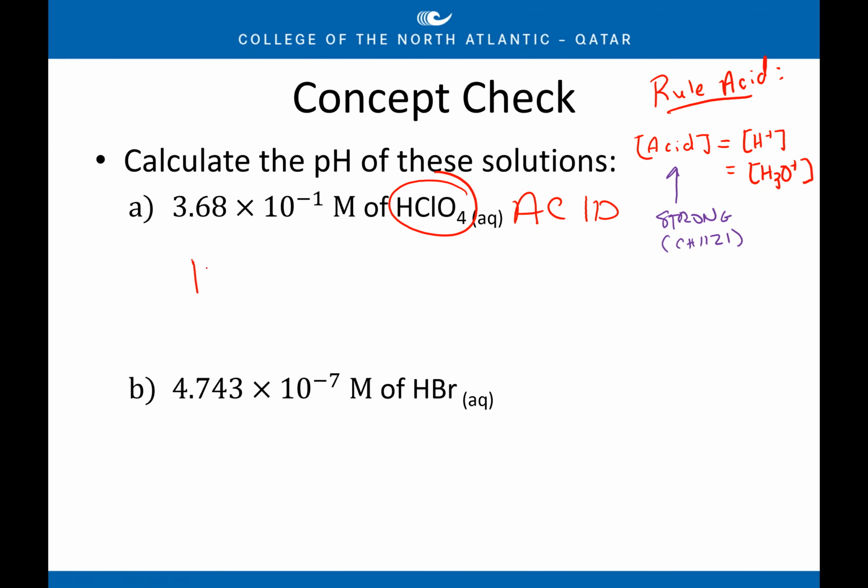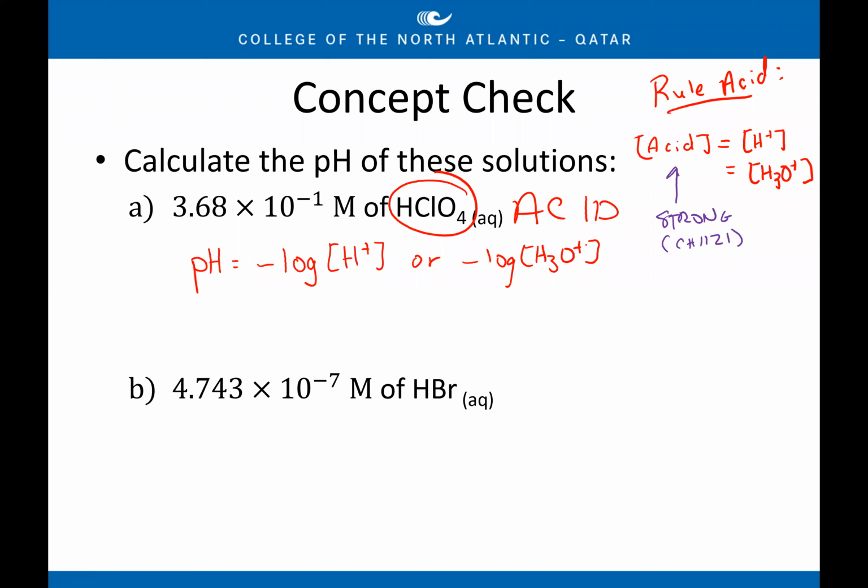Well, the formula in your data booklet says that pH is equal to the negative logarithm of H plus or the negative logarithm of H3O plus. Again, I cannot stress this enough, they are the same number. It's just who your instructor is or what textbook or website you're looking at.